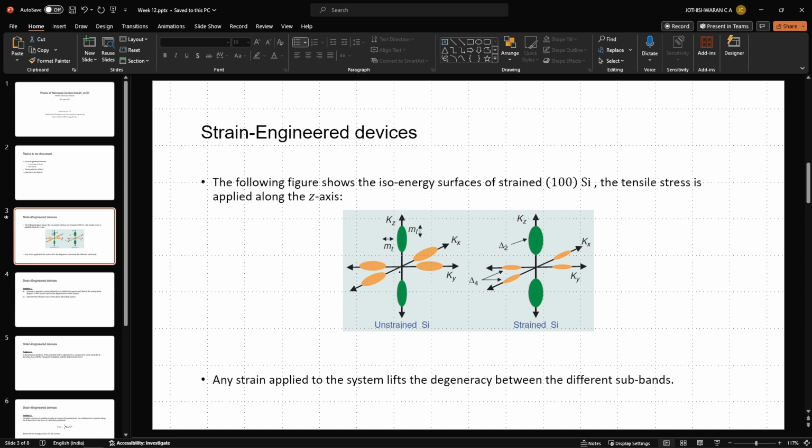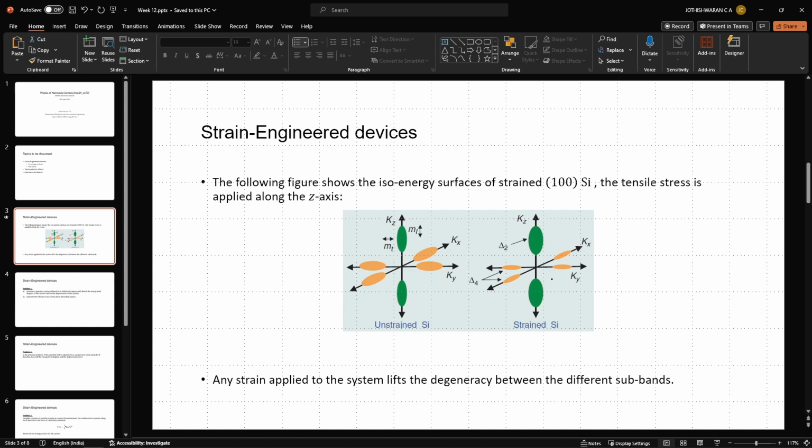When a strain is applied, the first thing that happens is that the degeneracy between these six ellipsoids is lifted. These two ellipsoids have a different energy level hierarchy, and the four ellipsoids along the kx ky axis have a different hierarchy of energy levels. This splitting is essentially what we call subbands.